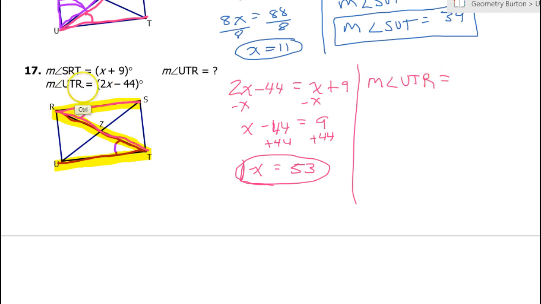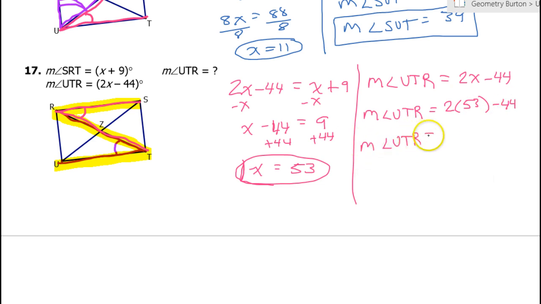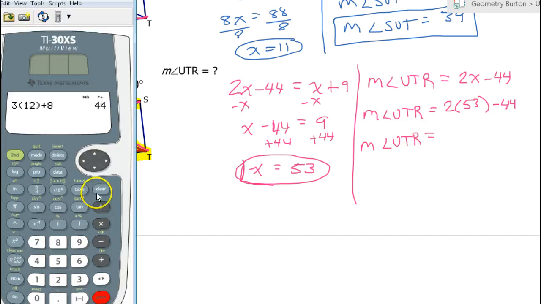But I was given an expression for that right from the start. x is 53, so this is going to be 2 times 53 minus 44. That's 62.